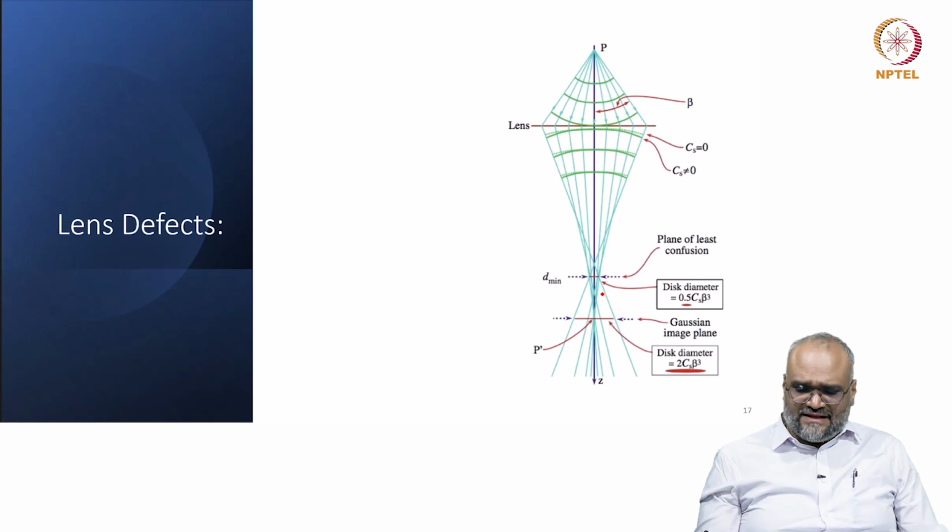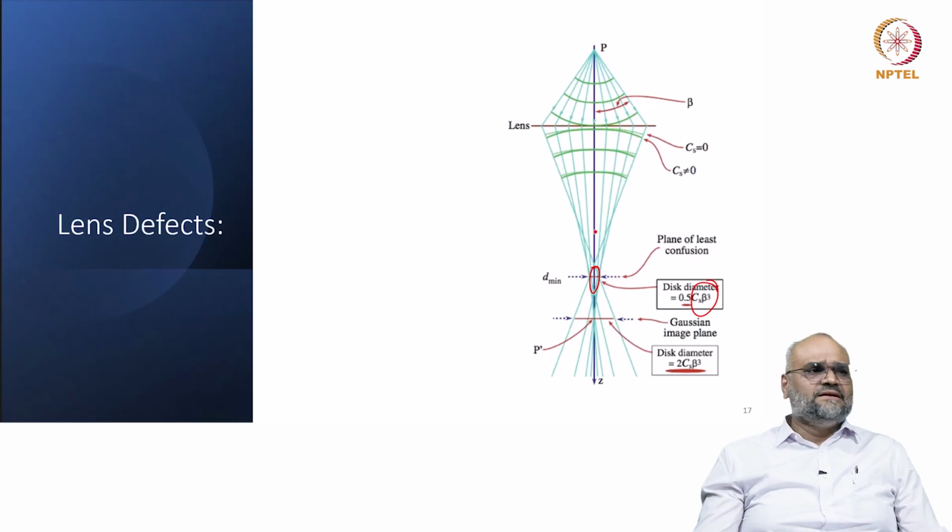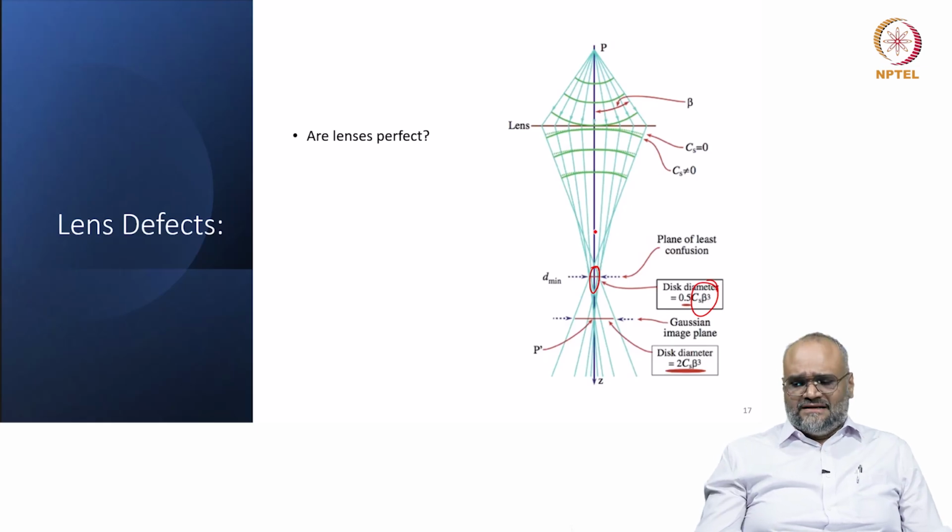If I think of a sphere that can be fit in this particular region here, or a spheroid, the diameter of this is proportional to the third order of the azimuthal angle here. So are lenses perfect? The answer is no. Especially the electromagnetic lenses are extremely poor in quality when I draw an analogy with optical lenses.